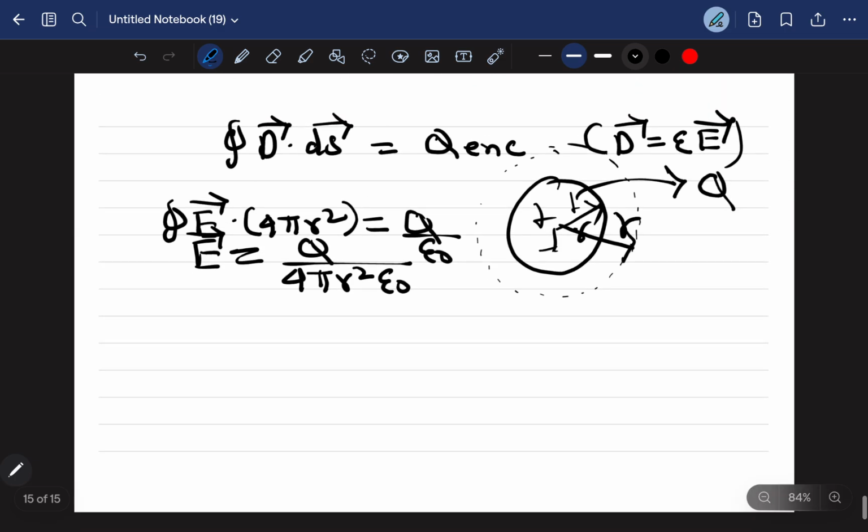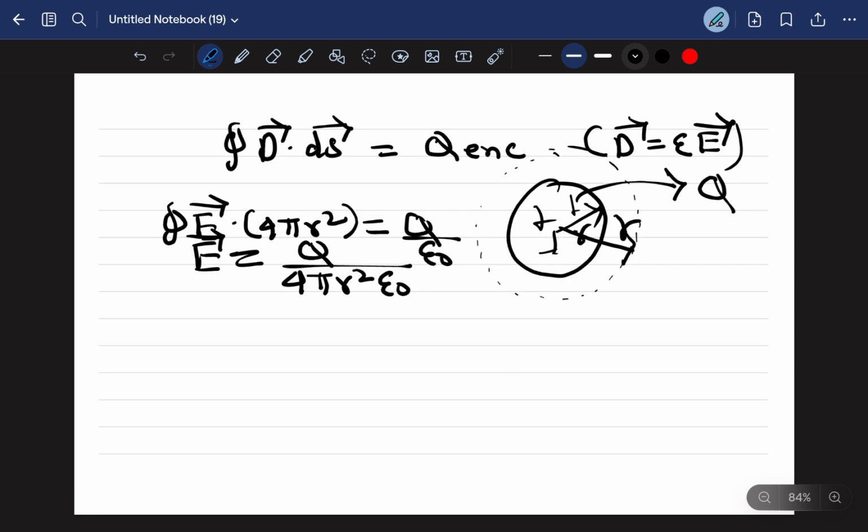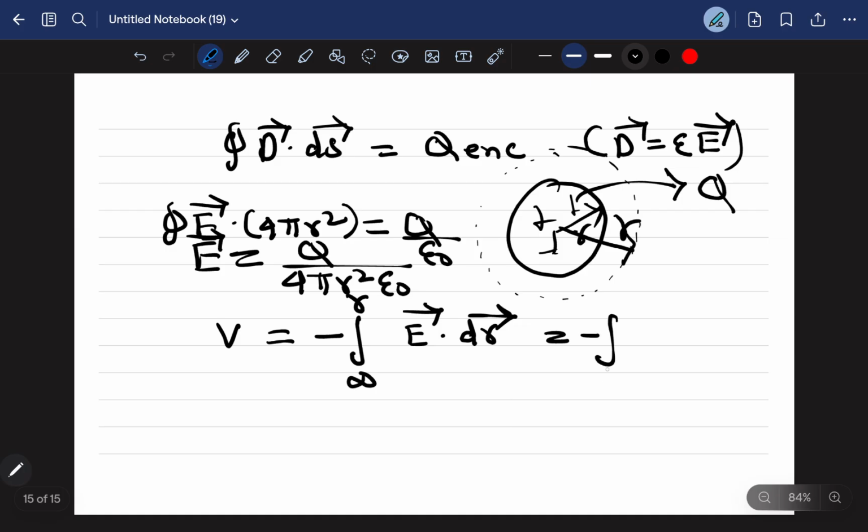Now from the definition, the potential at any point is equal to the negative line integral of E dot dr from infinity to that point. Now I am putting the value of E in this place.